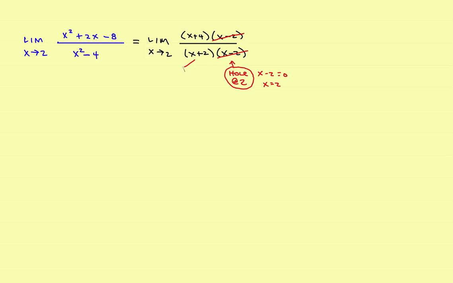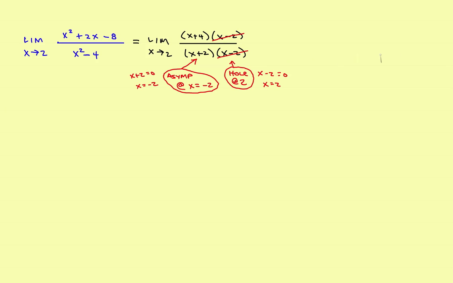Now on this one, you can't factor that, you can't cancel that one out, so it tells you that you have an asymptote here. So you have an asymptote at, and again, set x plus 2 equal to 0, so x is equal to negative 2. So you've got an asymptote at x equals negative 2. So you can tell whether you have a hole or an asymptote.